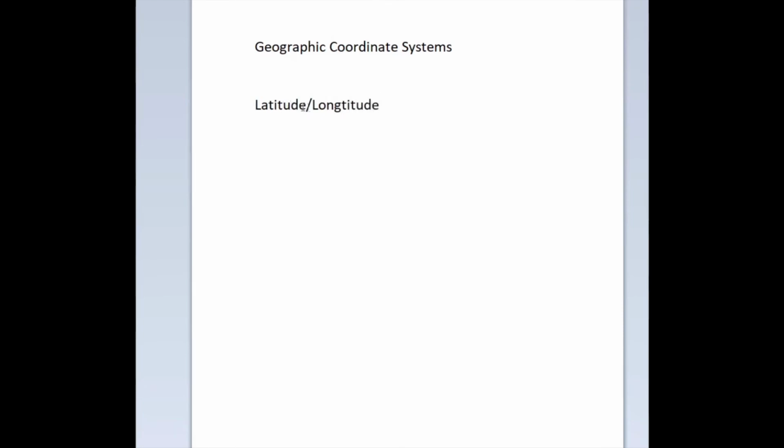So if you're looking at your map and it's giving you map units in latitude and longitude, that's a good hint that your spatial reference for that map is in a geographic coordinate system rather than a projected coordinate system. And so we're going to talk about latitude and longitude in the next lecture, which will be a shorter lecture. But I just want to tell you that if we're talking about latitude and longitude, we're talking about geographic coordinate systems.